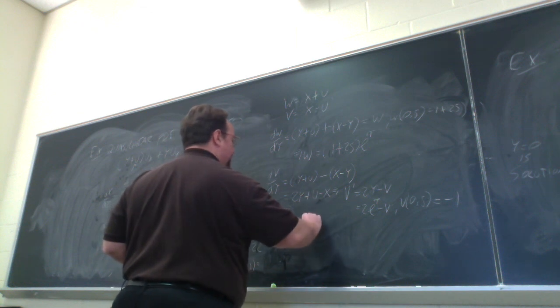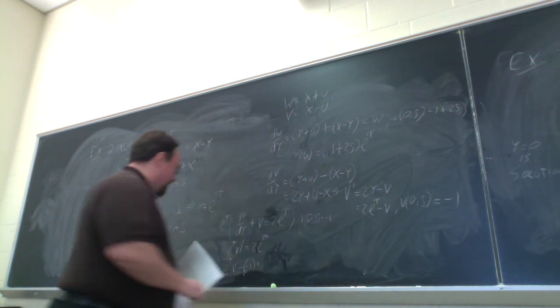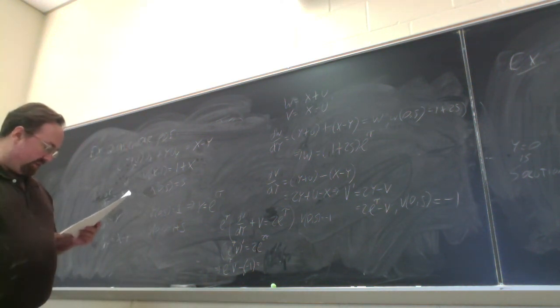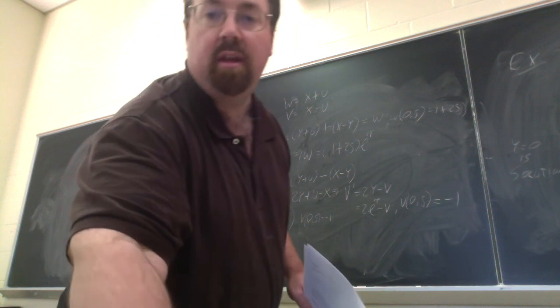I need my initial condition. So you get e to the tau v, all prime, equals 2e to the 2 tau.